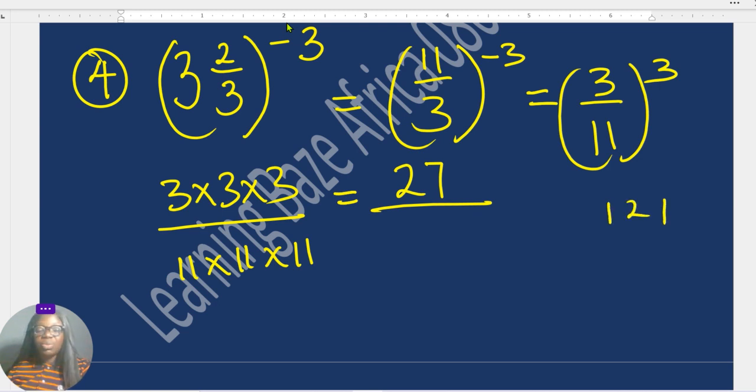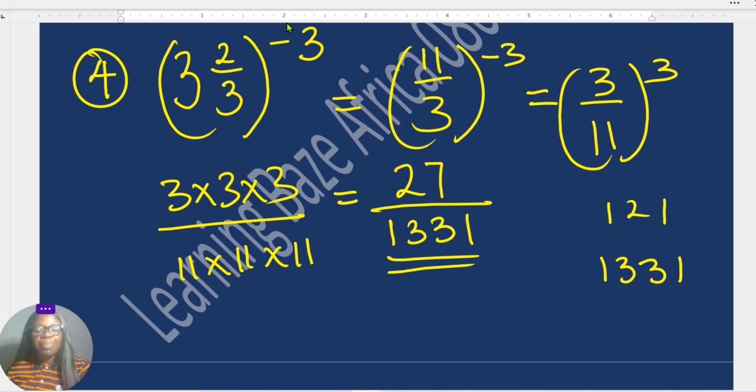Then 121 times 11 will give us 1,331. So our answer is 27 over 1,331. This is a proper fraction and it's in the lowest term. So that is the final answer.